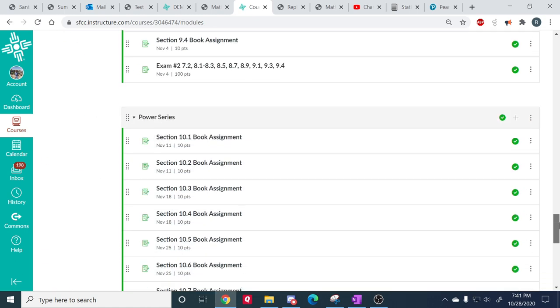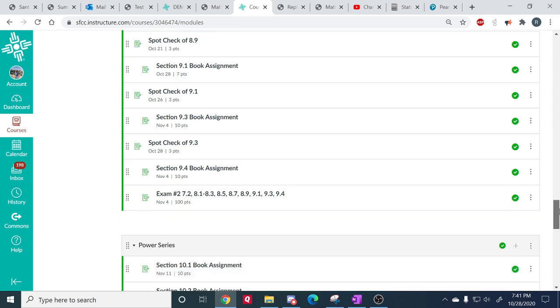Also, I need to explain something too. There's a limit in Canvas about how many assignments an instructor can set up. And when I was setting up this course, I wound up at about the halfway point in the course. I hit my limit. If I kept doing spot checks, I would go over the limit.